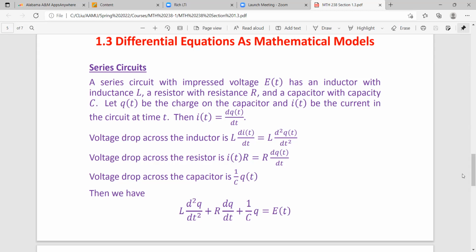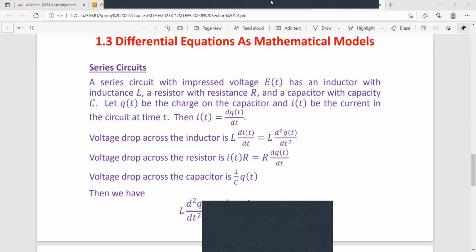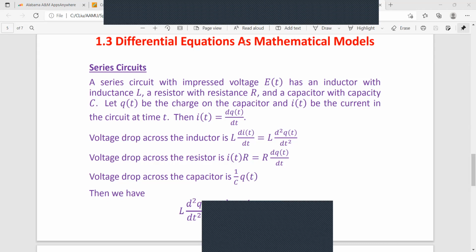We want to know this physics process. And that's described by this second order linear differential equation. All right. Any questions for this example? I guess you guys in EE should be familiar with this thing.